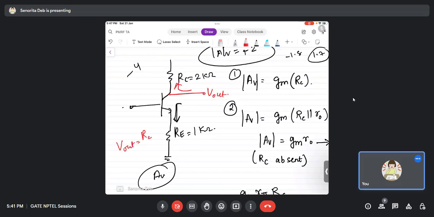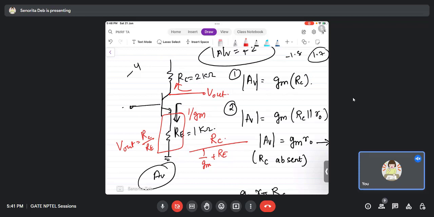So what is the total resistance? The inherent resistance of BJT will also come. So the inherent resistance of BJT is 1 by Gm. So 1 by Gm plus Re is in the denominator, and in the numerator RC is there. Is this fine? Because there is a current source that will provide an impedance of 1 by Gm.